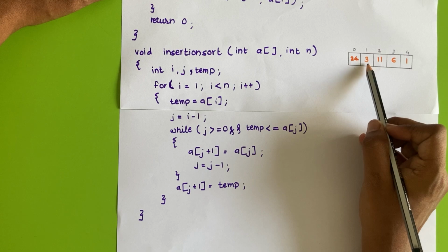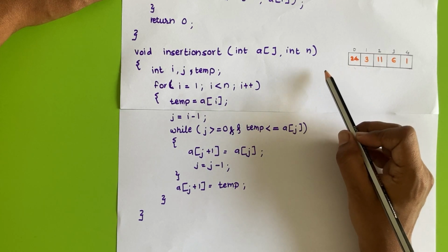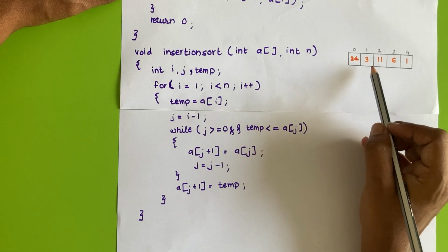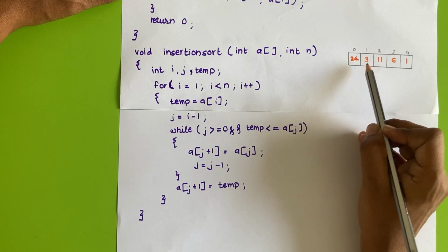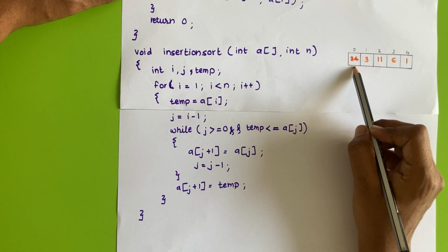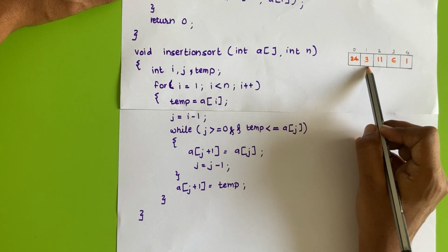If this right element is smaller than the left elements, then we have to make them swap. So in the first pass, this second element will get compared with this first element. If it is smaller than the first, then we have to make them swap.